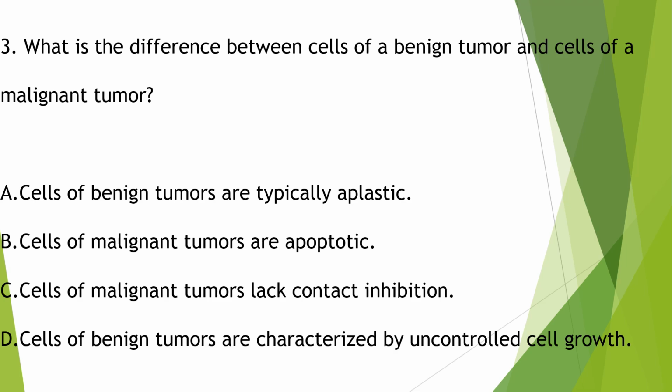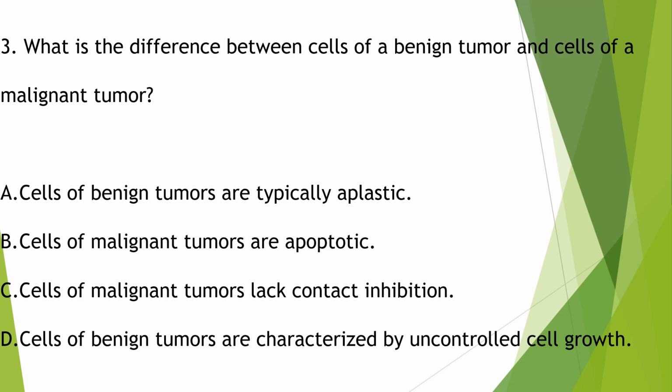A benign tumor is something similar to normal cells. So the last option, that cells of benign tumors are characterized by uncontrolled cell growth, is wrong. If it is benign, they have controlled cell growth. Then the second option says cells of malignant tumors are apoptotic.